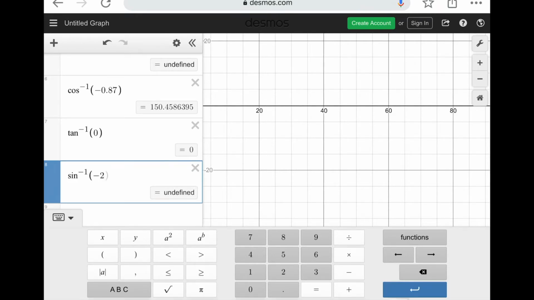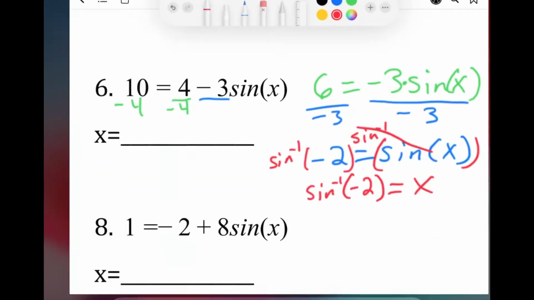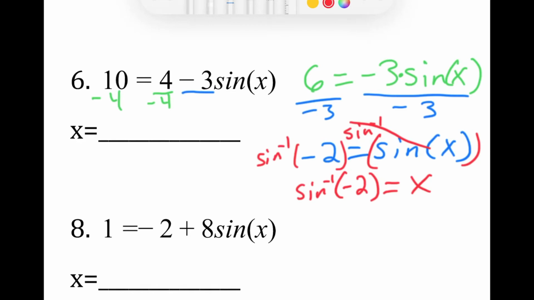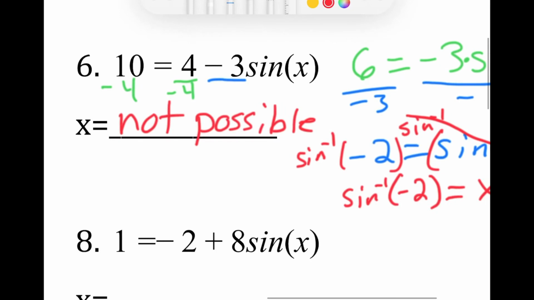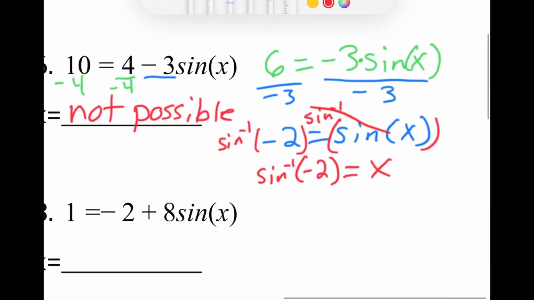It says undefined, so it is not possible. Just accept that our calculator said undefined, so it is not possible.